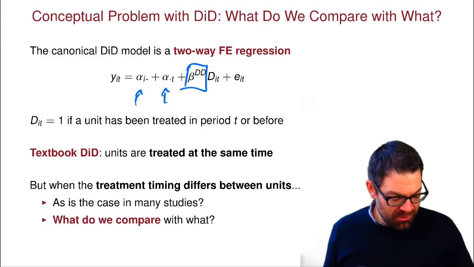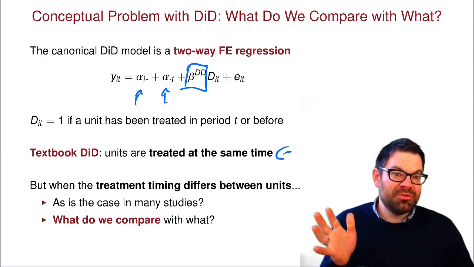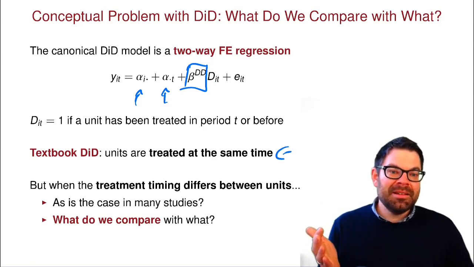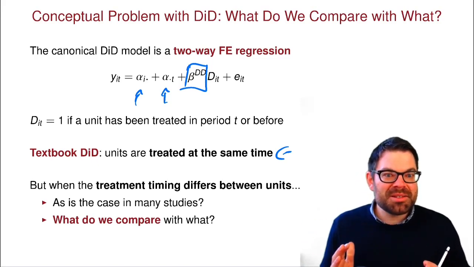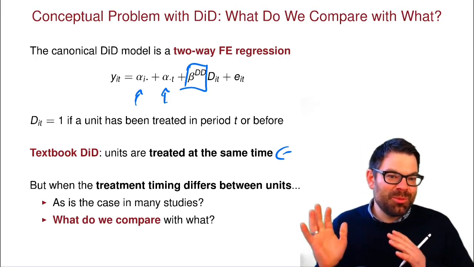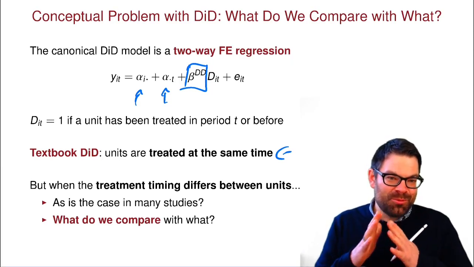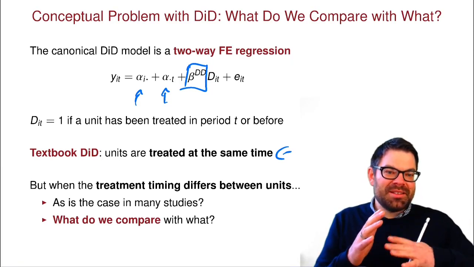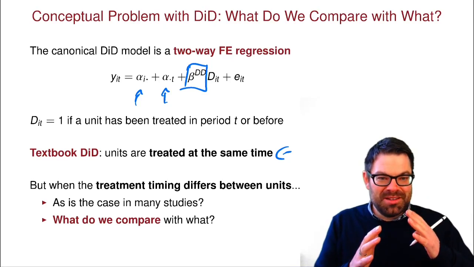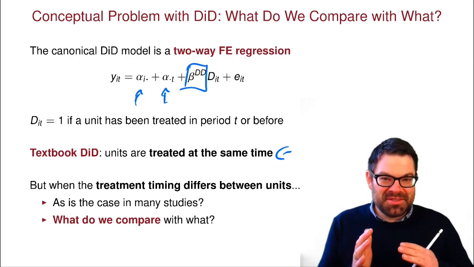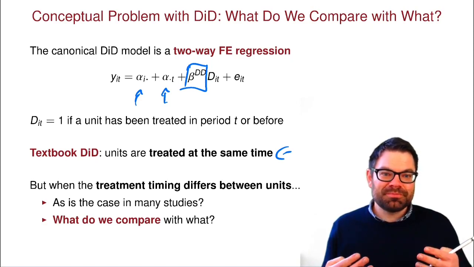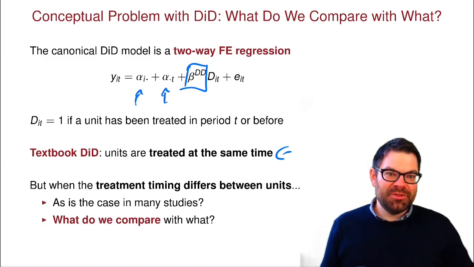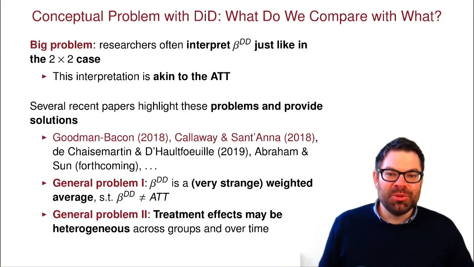If all units are getting treated at the same time, then that's still similar to the 2x2 case. But if you have a rollout and you exploit that some places are getting treated at a different time than others, that comparison no longer works. And so we need to take a close look at what we're doing.